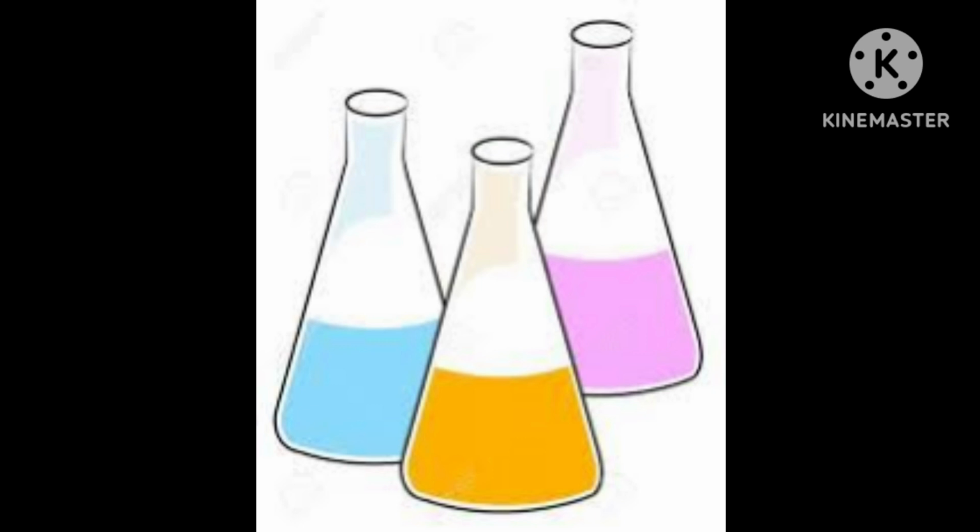So in brass, German silver and bronze, copper is common. Other things are varying. See the importance of the presence of other things.